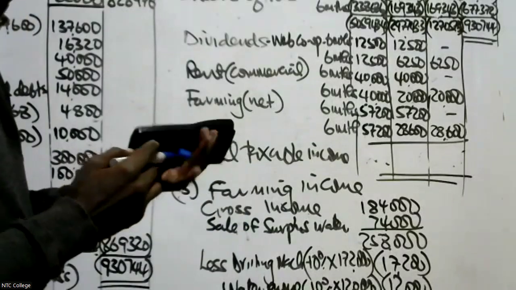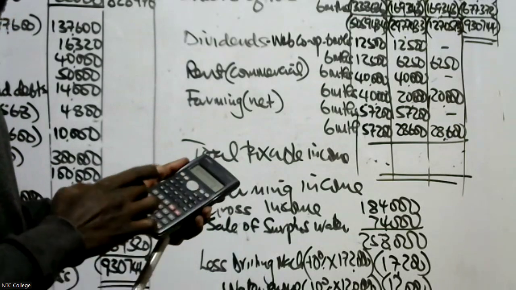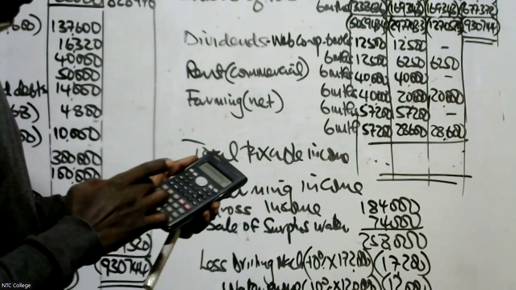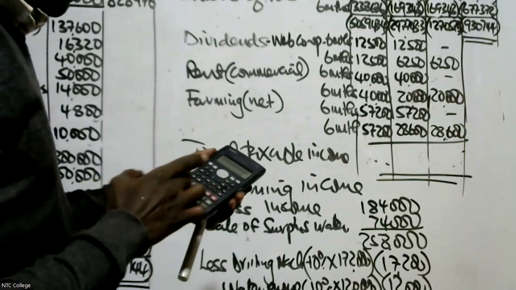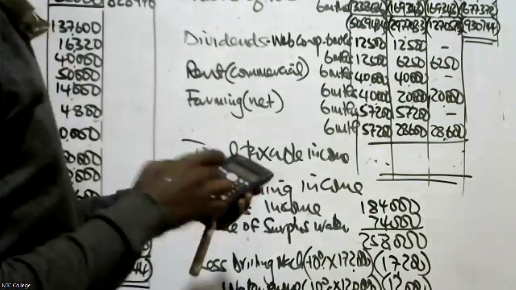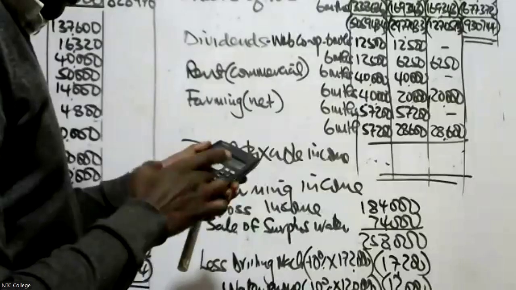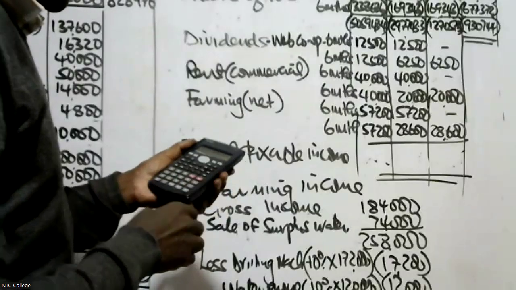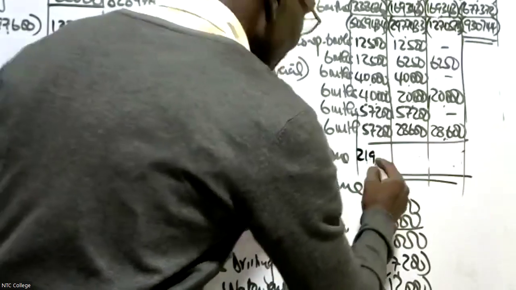So for example, for Baraka, it's going to be 12,500 plus 12,500 plus 80,000, these two, 40 and 40, plus 57,200 plus 57,200. So Baraka's taxable income is 219,400.